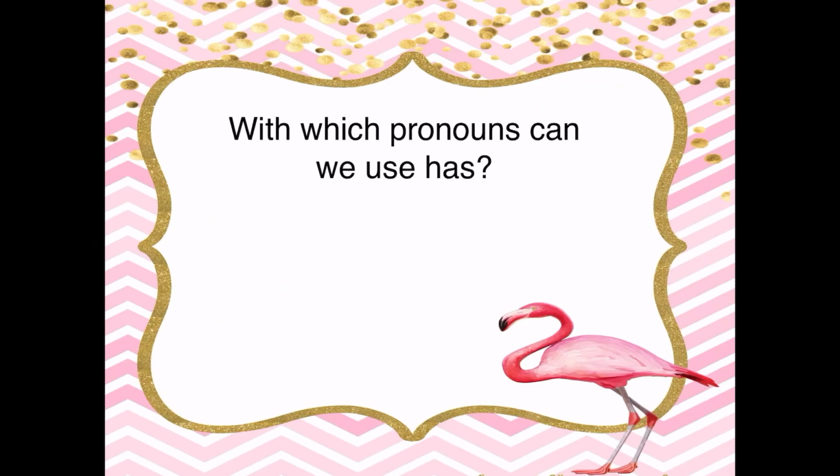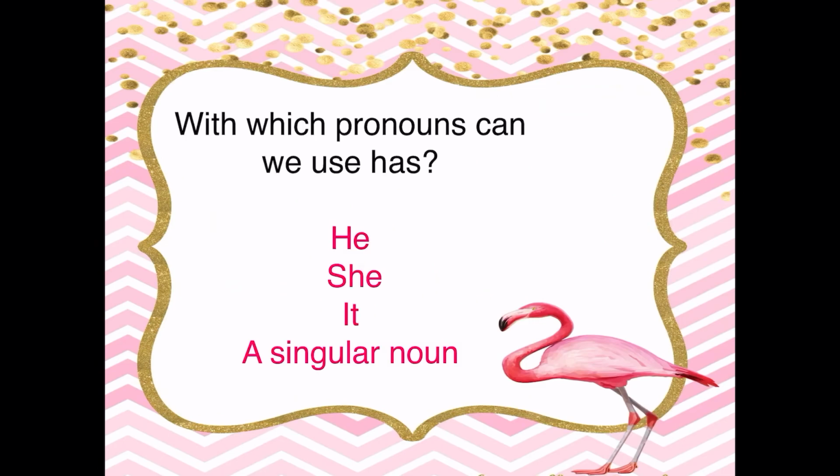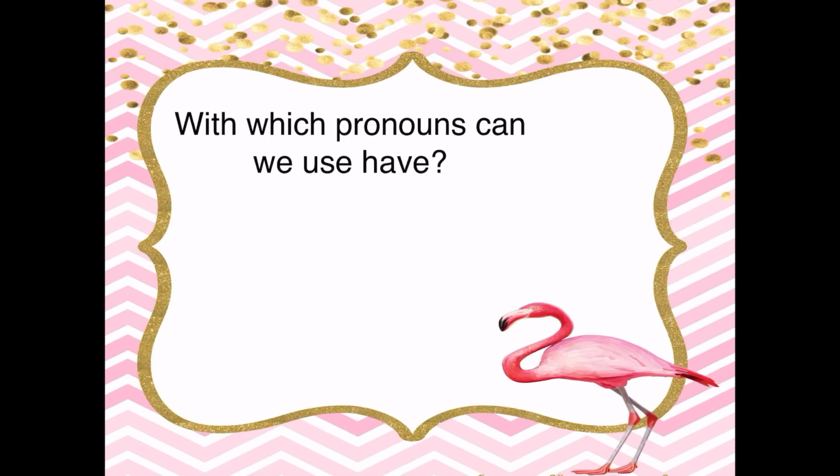Okay, now she has, it has, Amal has. What can we use with have? Also we can use have with plural nouns or plural pronouns and I. I have. They have.